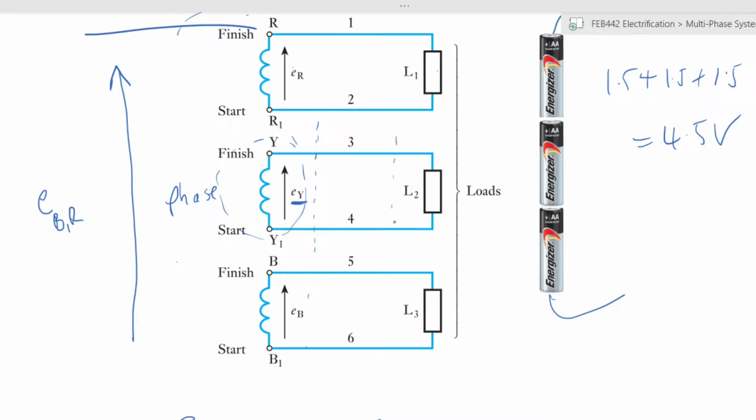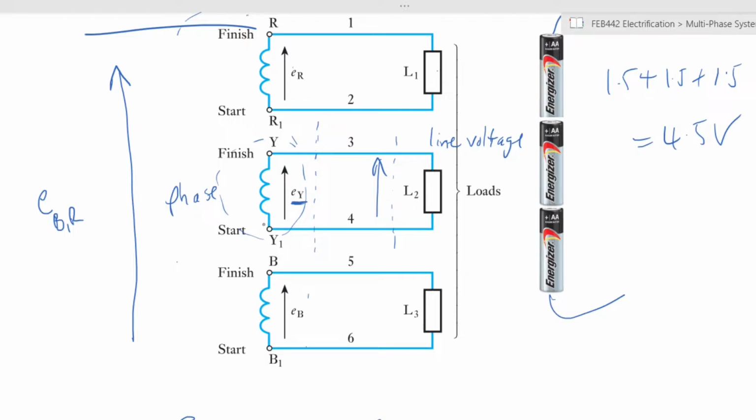On this other side, the voltage in between the two, when it goes to the load side, is called your line voltage, all right? 2 different concepts, a phase voltage and a line voltage.